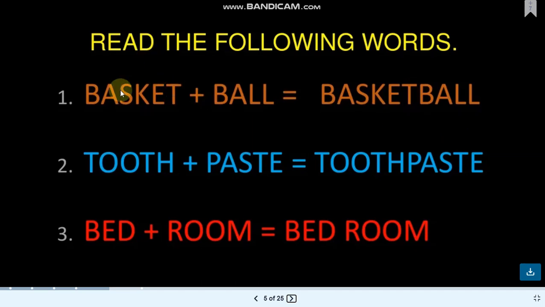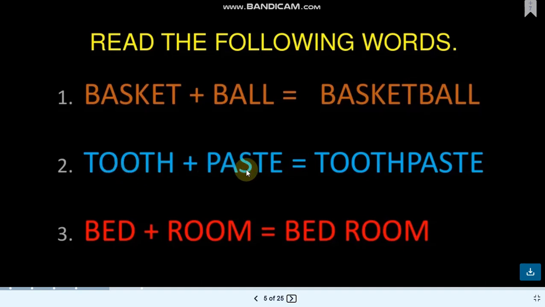What do you see? So if we combine basket plus ball, this equals basketball. Basket is one word. Ball is another word. But if we combine them together, it will create a new word, basketball. Same thing with the second words.